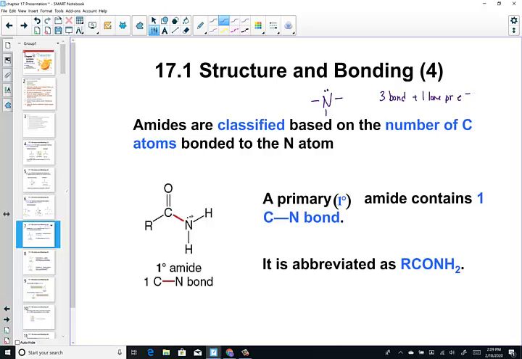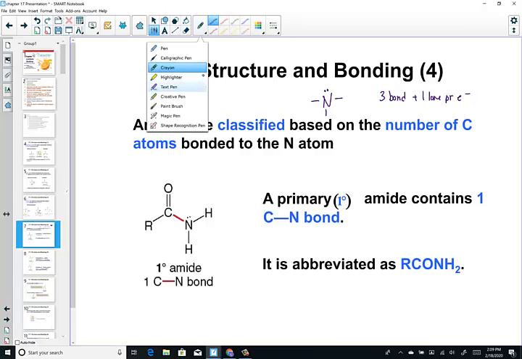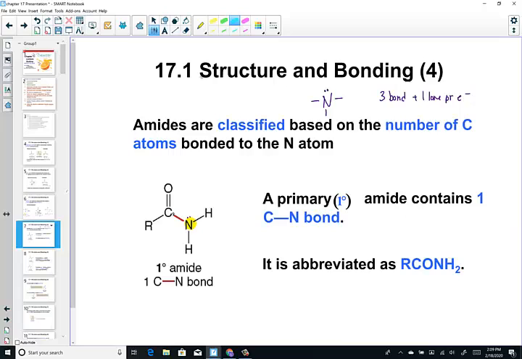So the nitrogen electron pair plus the 3 bonds completes its octet. When you find your nitrogen, and I'll highlight the nitrogen here in, let's say, a nice yellow color, how many of its 3 bonds lead to carbon? And in this example, there's just 1. So we labeled that as a primary amide, contains just 1 CN bond.